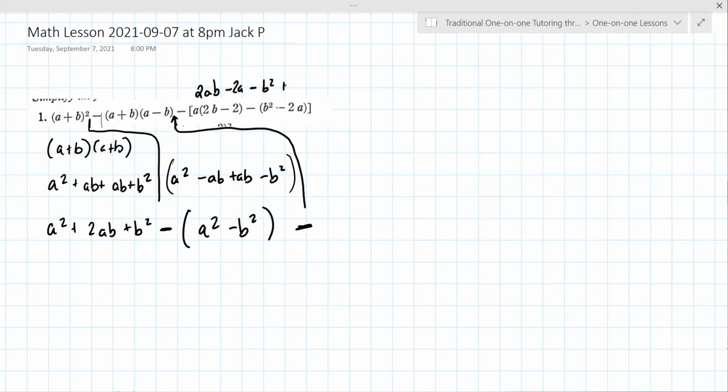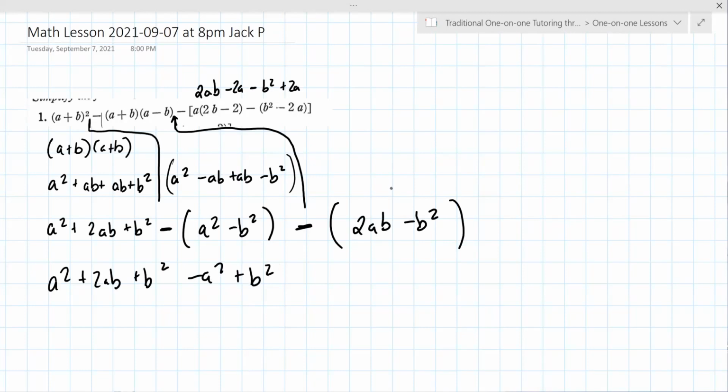Minus b squared, you're distributing that negative in. Negative with negative plus 2a. Okay, so then those two a's cancel. And then we bring the 2a plus. Oh yeah, I forgot parentheses. I always forget about those. Yeah, and that's why I make them really big, to make them really emphatic. So now we're gonna distribute this negative in.